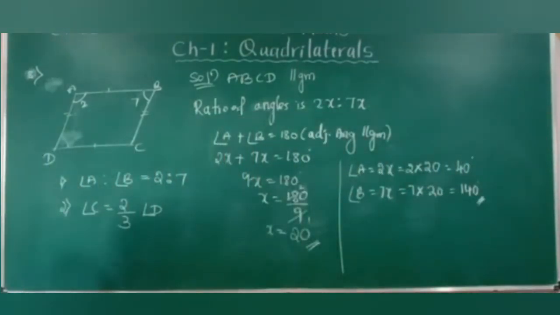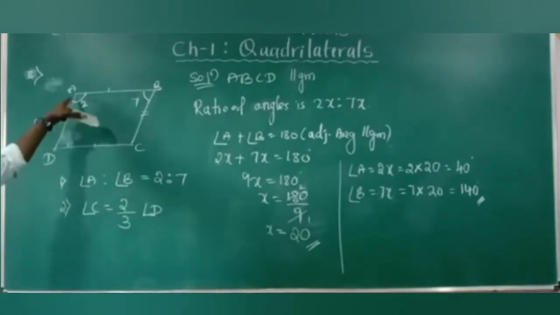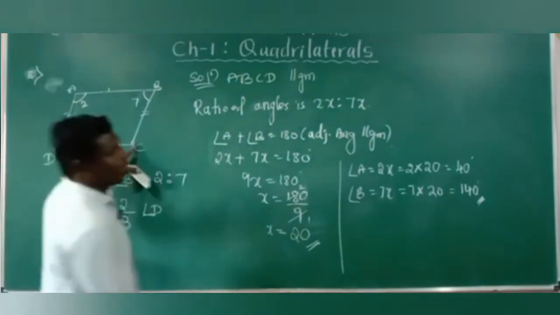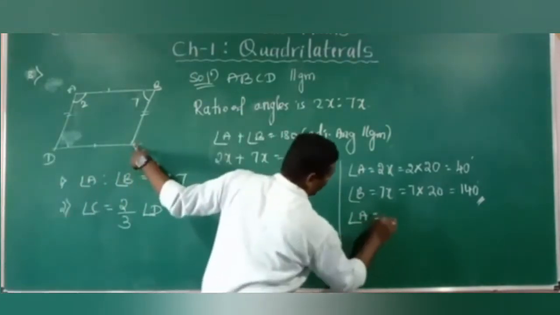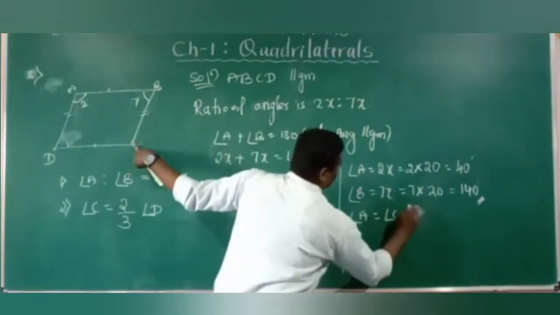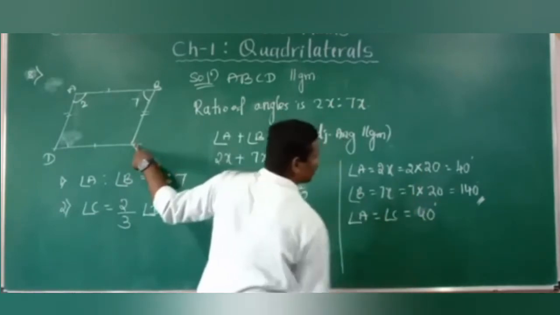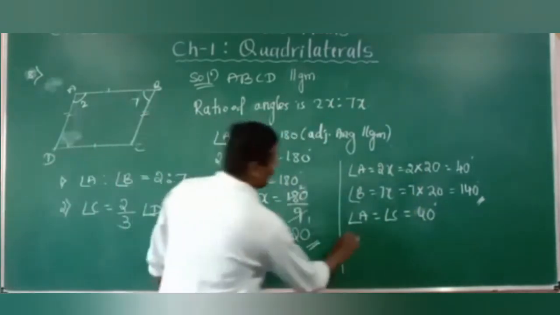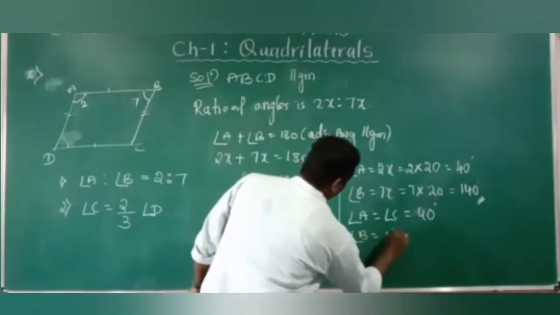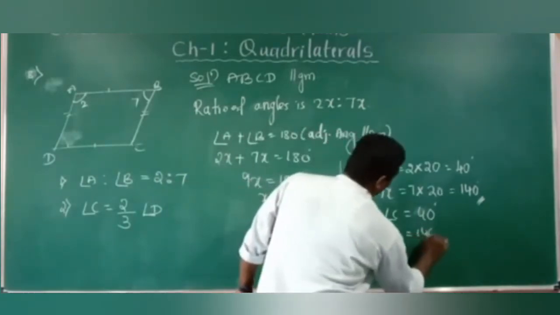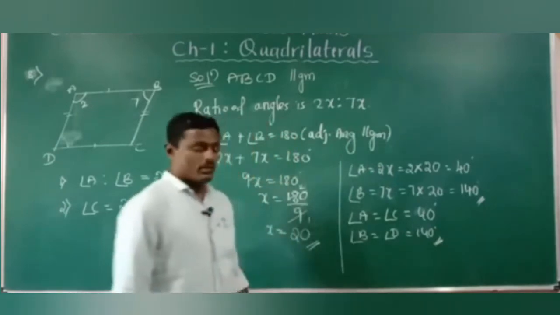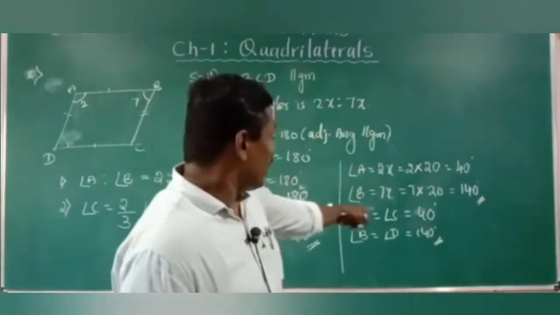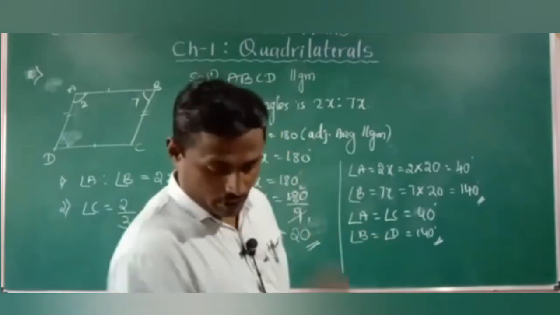Now you can easily calculate the remaining two angles. Angle A is 40 degrees means angle C is also 40 degrees. Angle A is equal to angle C, both angles having equal magnitude, that is 40 degrees. Whereas angle B is equal to angle D, both angles having equal magnitude, that is 140 degrees. So these are the four angles of the parallelogram.